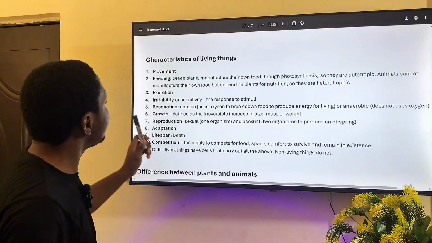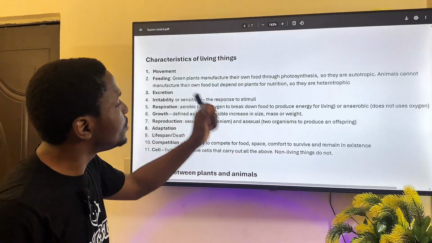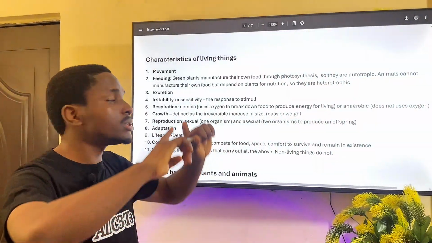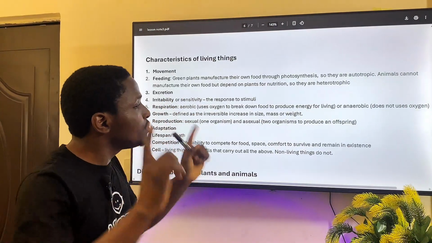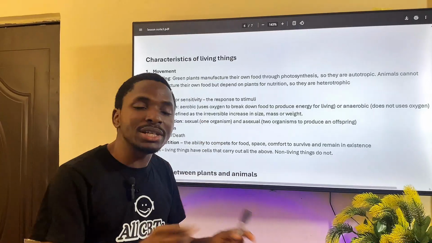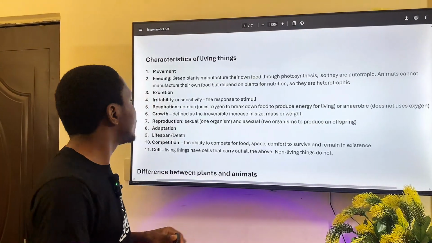And then we have respiration. All living things must use oxygen or carbon dioxide to break down food to produce energy. We have 2 types of respiration.